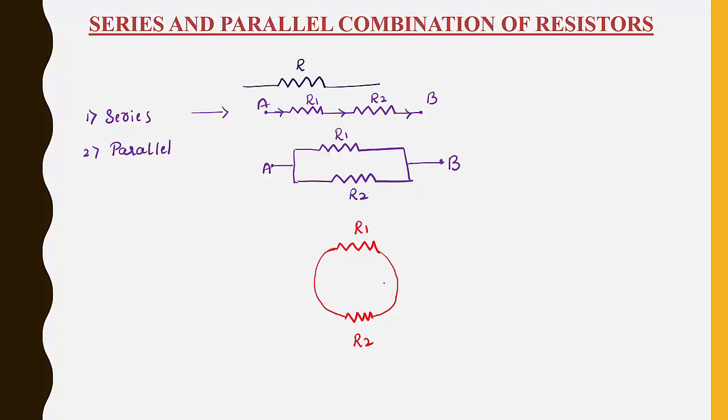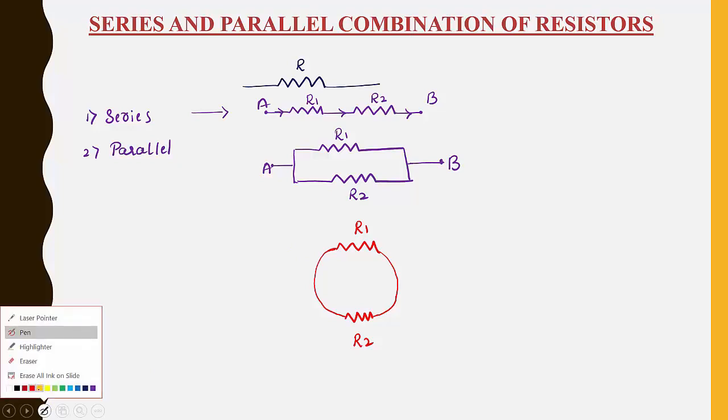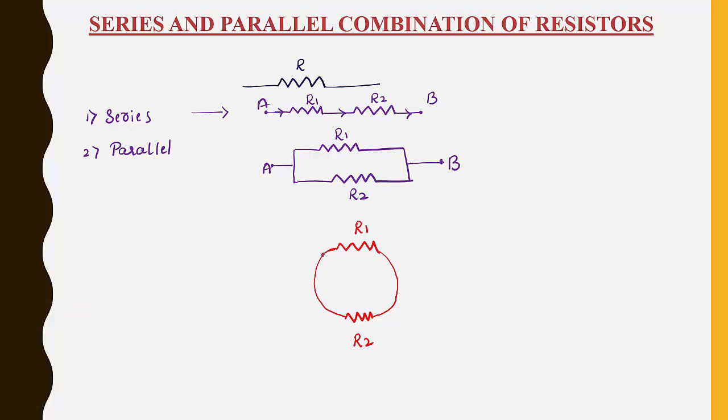There is no answer for that. Suppose I give you a charge at this point. Here is the charge. Now if I consider the charge here, then it passes through R1, then it passes through R2. Now we can say that these resistors are connected in series.